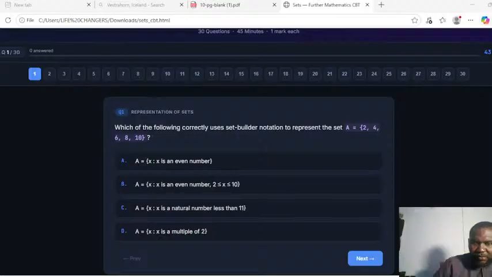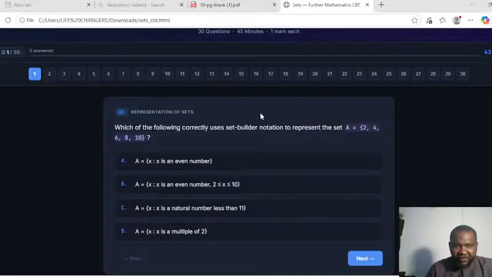Okay, very good. So now the first question here from the test says, which of the following correctly uses set builder notation to represent A? Now if you notice, A is 2, 4, 6, 8, 10.